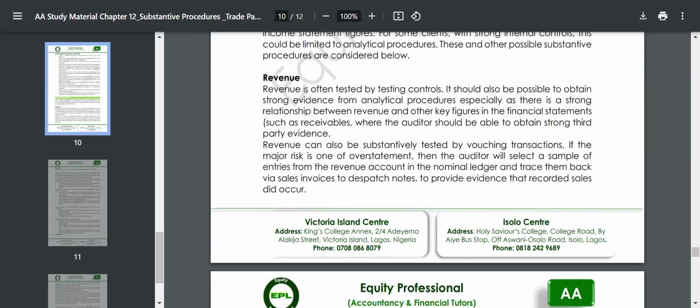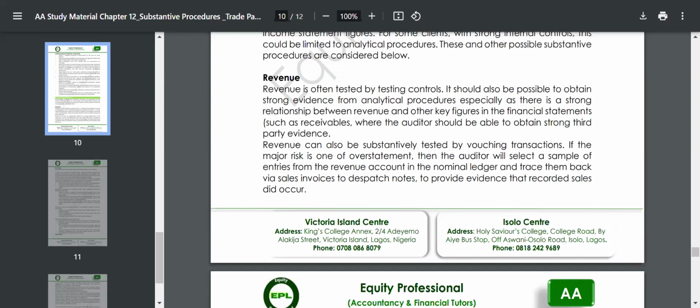So if this company is saying we are selling 500 million, where is the evidence? Is it true? Where are you selling this? What is generating this revenue? Are you capturing other income as part of revenue?